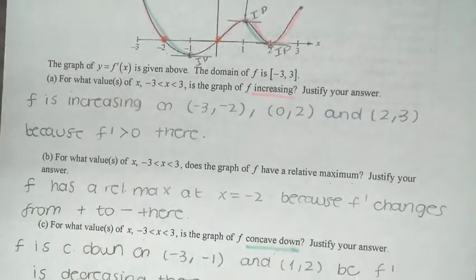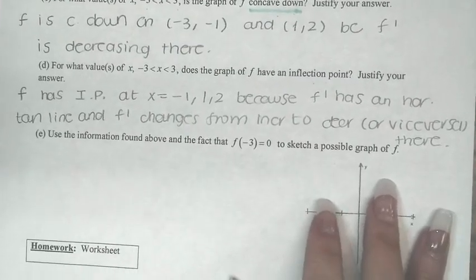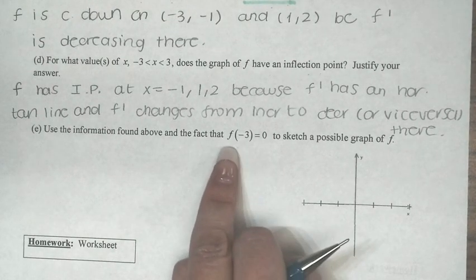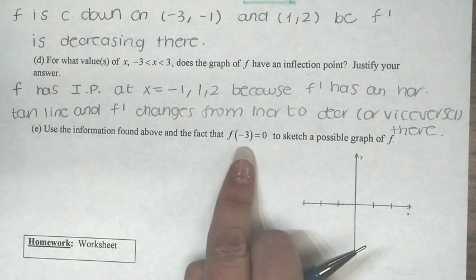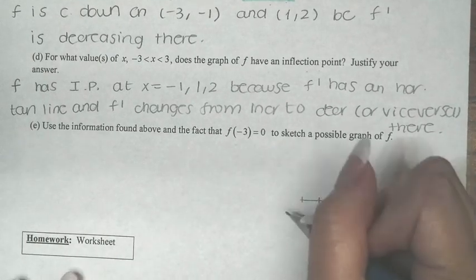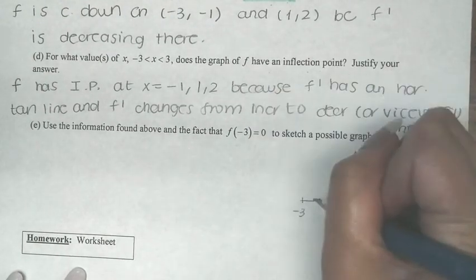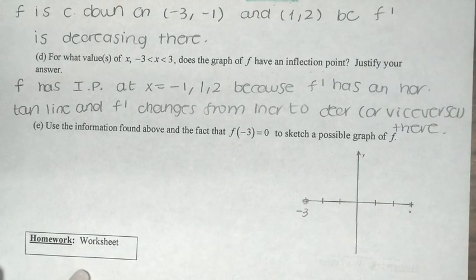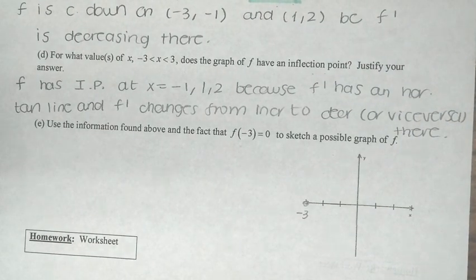Now the last thing that we need to do here is use the information that we have, and the fact that f of -3 is equal to 0, which is an intercept, to sketch the possible graph of f. So if this is -3, and that's your 0, for sure I have that situation. After that, what else do you have? Well, you have the intervals.